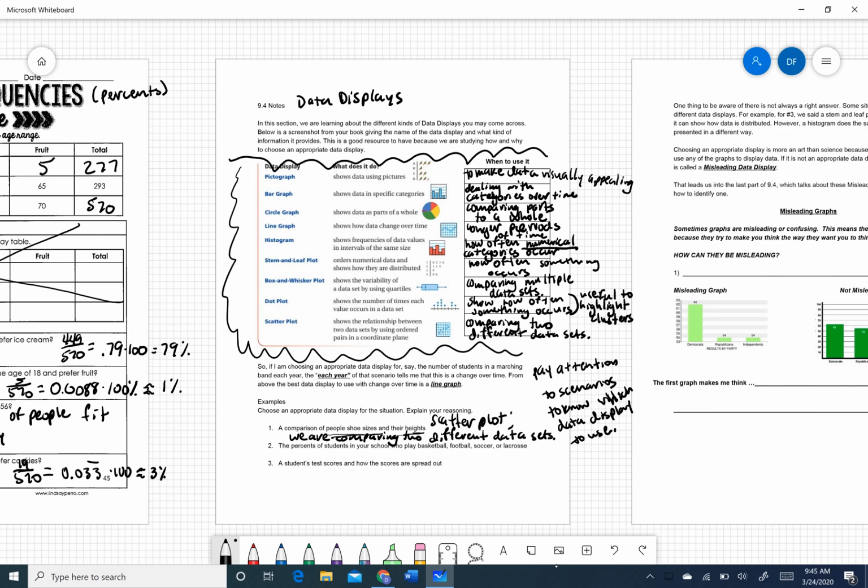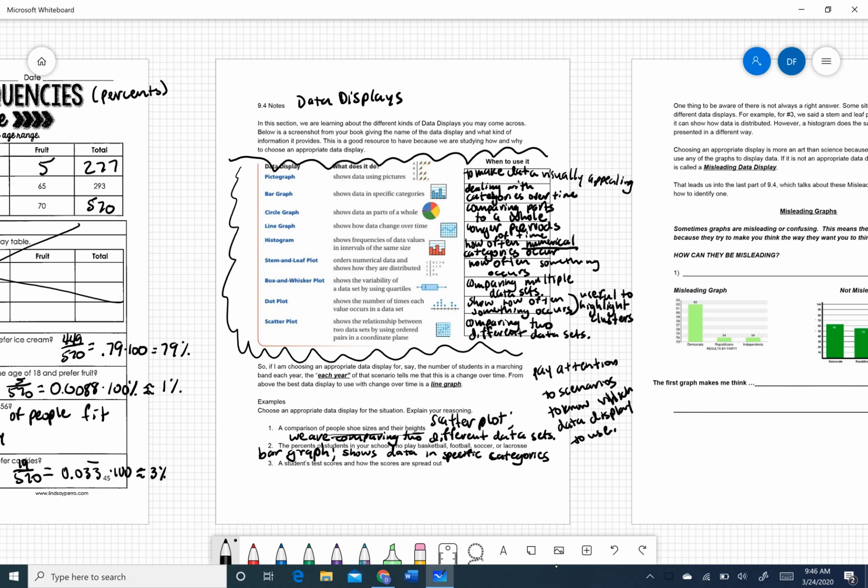You can also use a bar graph because it shows data in specific categories, those specific categories being basketball, football, soccer, or lacrosse. So a bar graph would probably be really good for that. A circle graph would also be acceptable there as well, right?